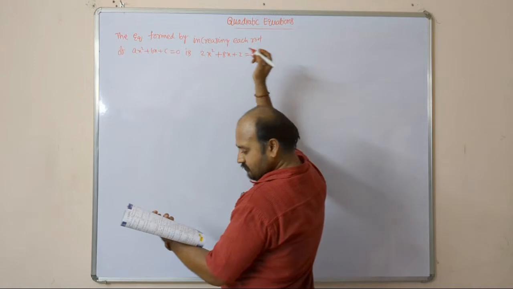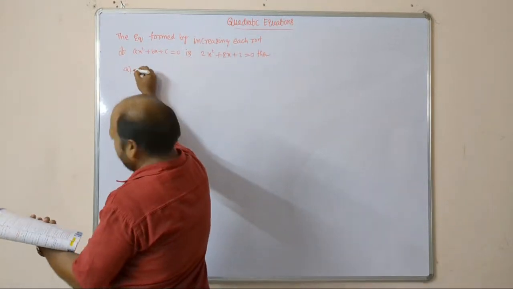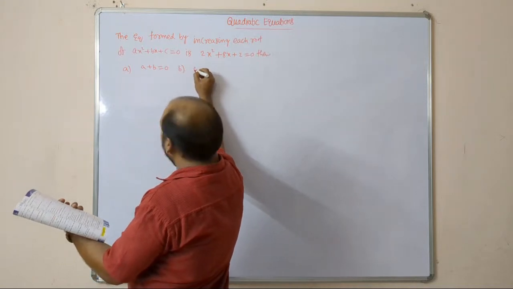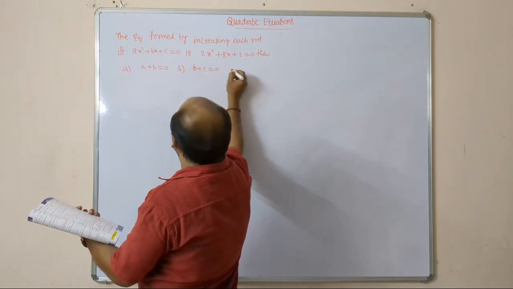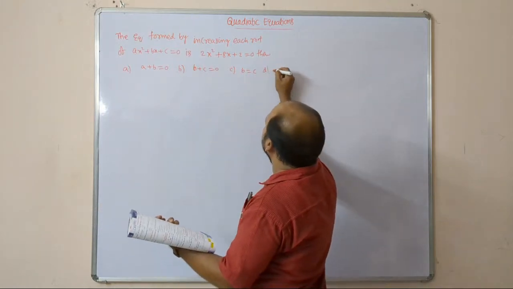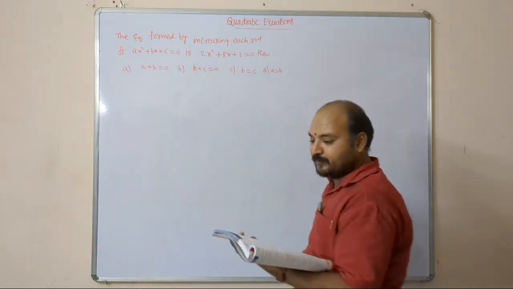Then, first option: a plus b equal to 0; second option: b plus c equal to 0; third option: b is equal to c; fourth option: a equal to b.